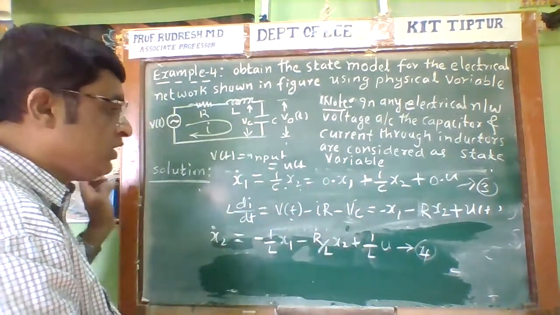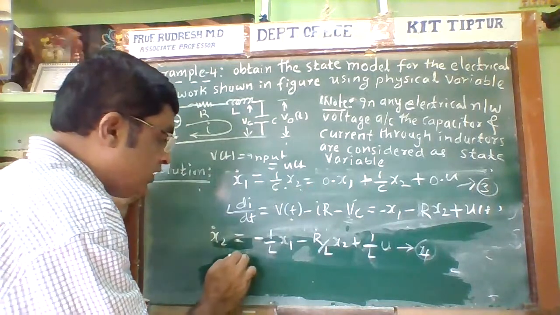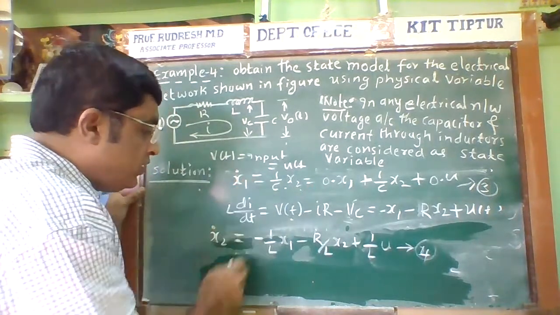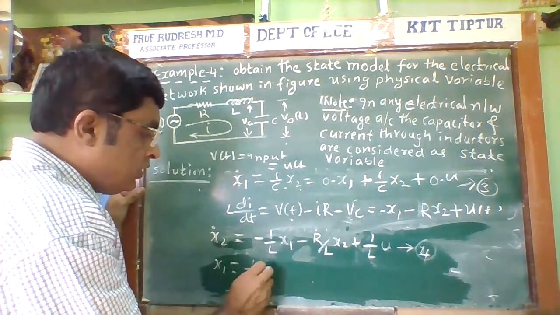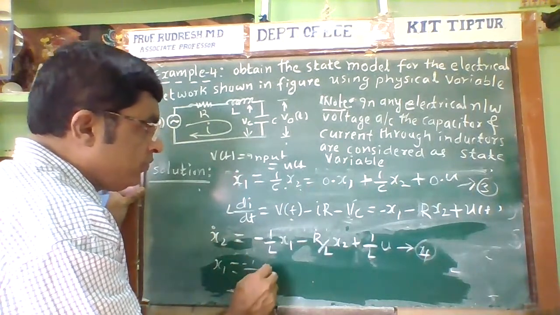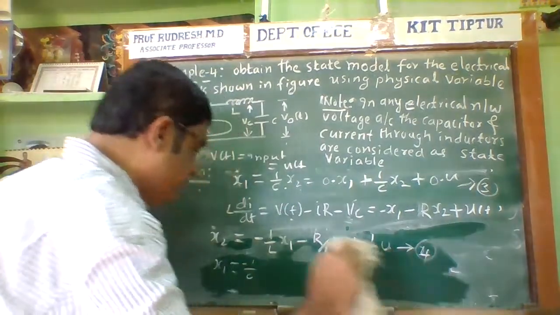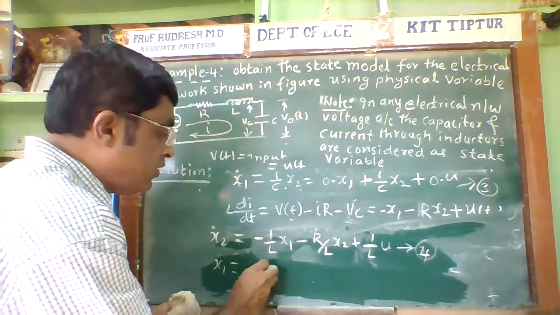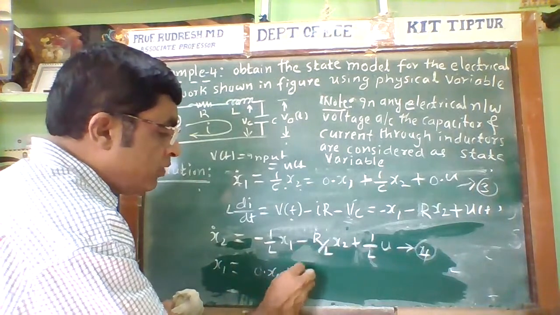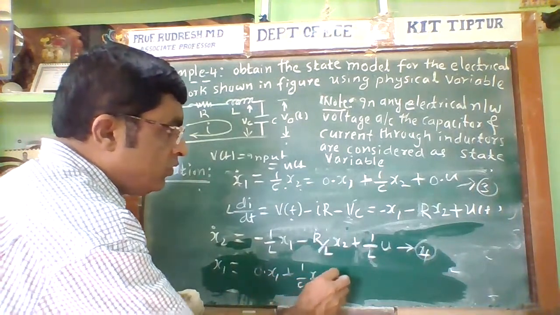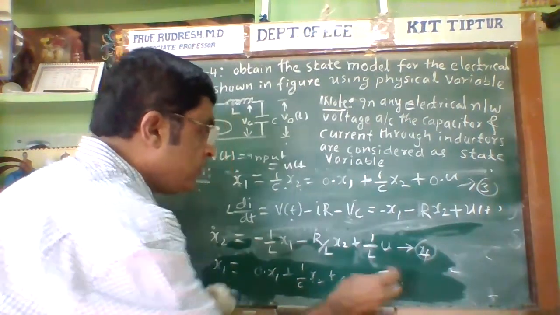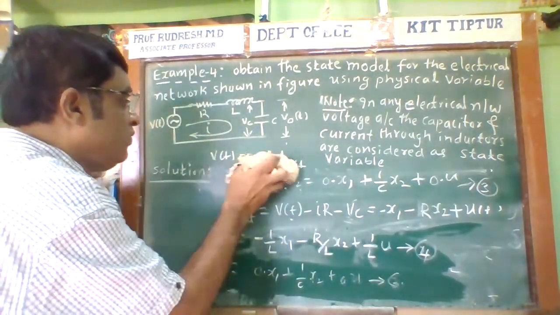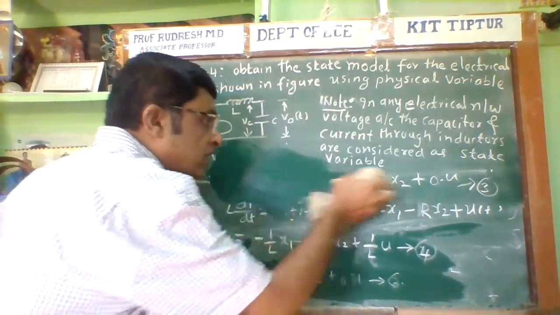So by using this equation and this equation, the value of x1 dot is equal to 1 by C into x2, that is 0 into x1 plus 1 by C x2 plus 0 into u. Now this is equation 3. By using equation 1 and 2, I can write the state equation.